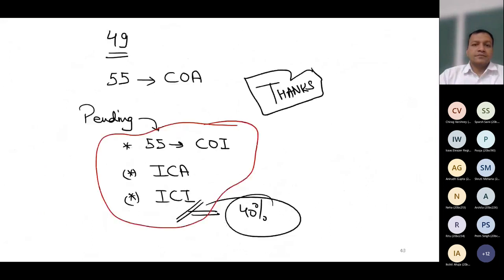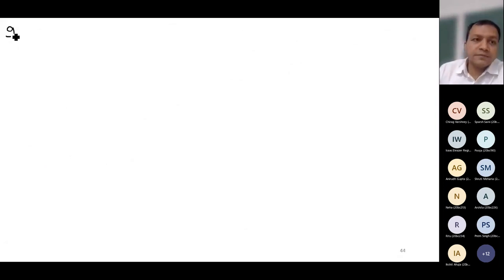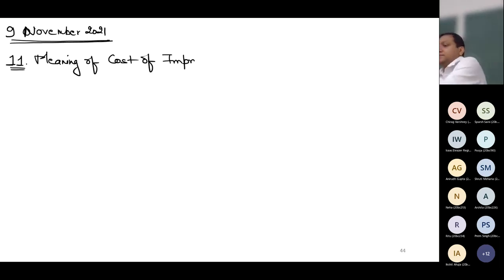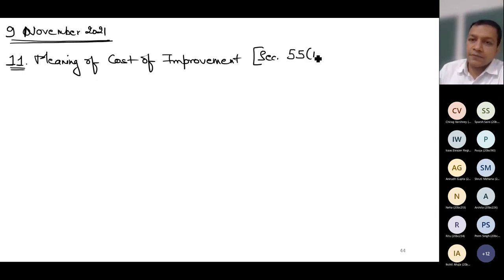Table. Meaning of cost of improvement. Section 55 subsection 1 clause B. This is what cost of improvement is.